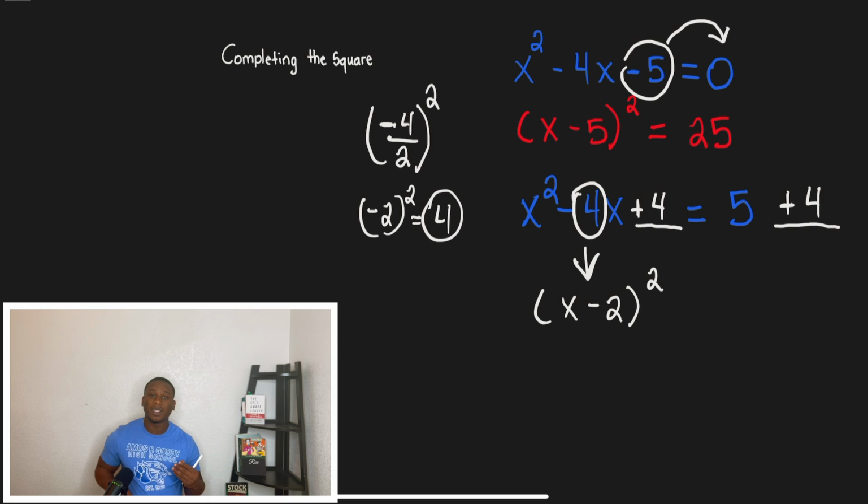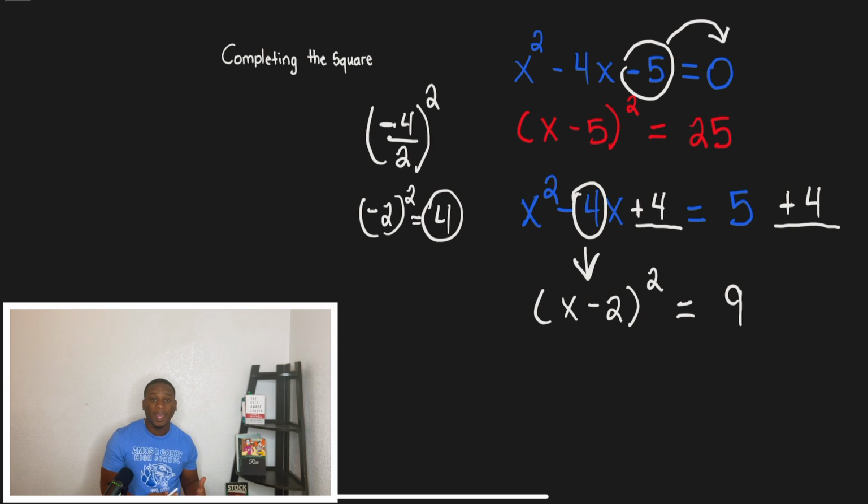So understand, guys, when we expand this binomial, meaning x minus 2 times x minus 2, we're going to get x squared minus 4x plus 4. So we've completed that square. We're partially there. And then now we're going to go on the other side and combine 5 and 4 to get 9.